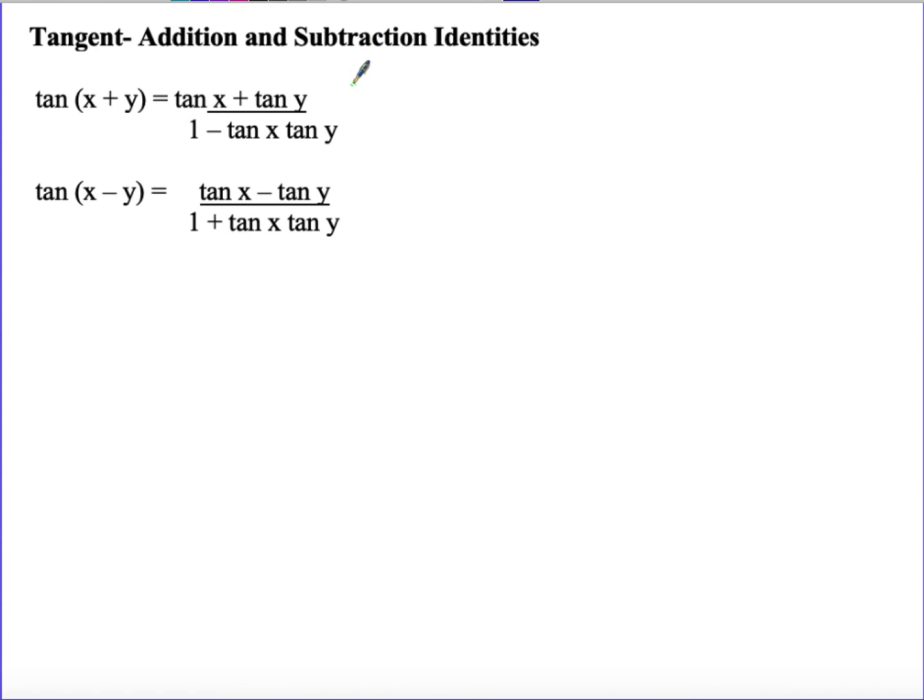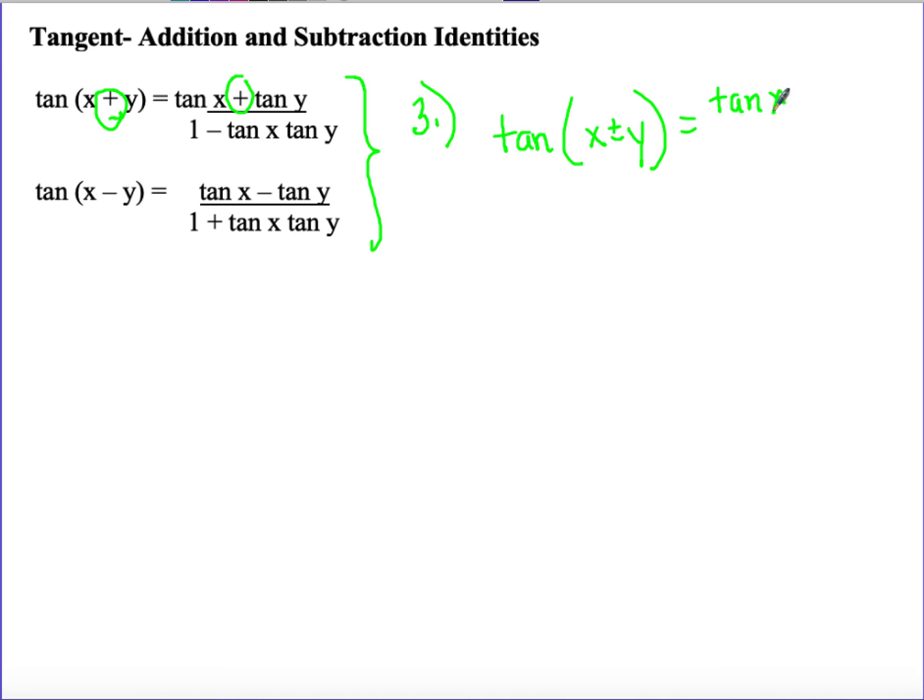All right, the tangent identities. So again, if you're writing these on the back of your green sheet, this would be number 3 for the tangent of x plus y and x minus y. We can group those together into one identity, tangent of x plus or minus y. Notice that the sign is the same in the numerator as it was in the parentheses. Your sign is the opposite in the denominator as it was in the parentheses.